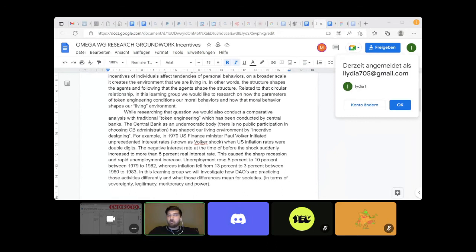Maybe we can discuss in terms of sovereignty, legitimacy, meritocracy, and power. So that's what I want to propose as one of the research groundwork. This can feed some focus groups.